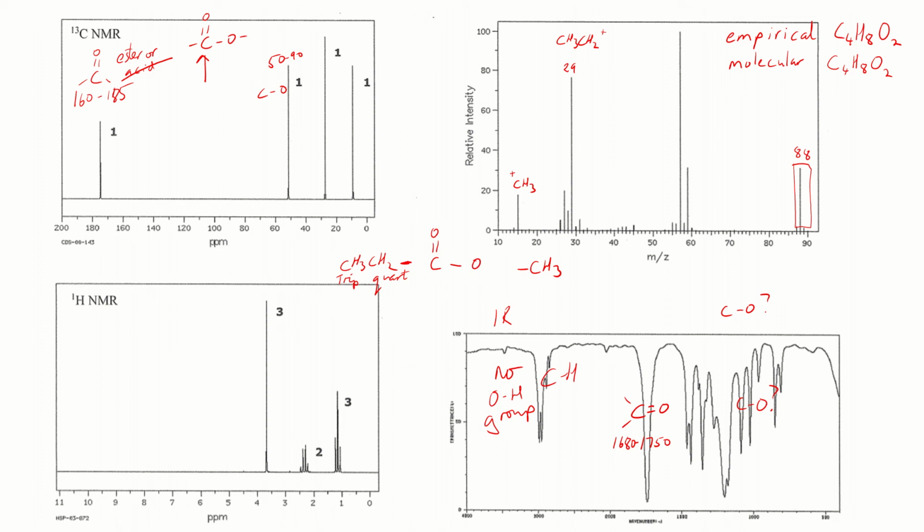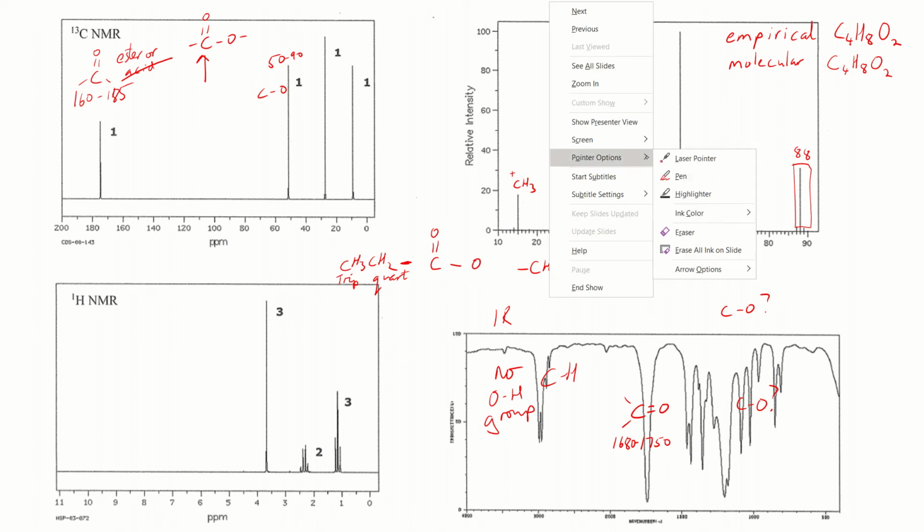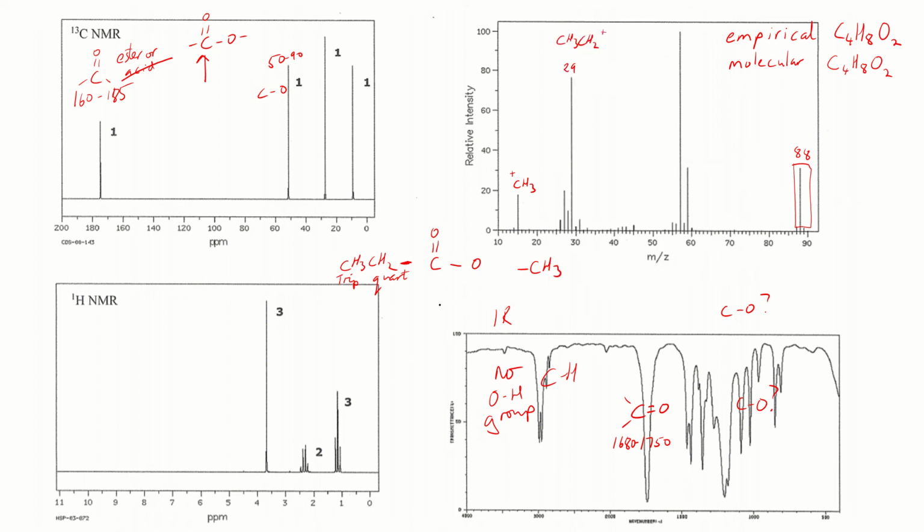We could either have it in like this, or like this. And it will give us different spectra. So this one here is methyl propanoate, the red one, whereas the black one would be ethyl ethanoate. So there are 2 different esters.